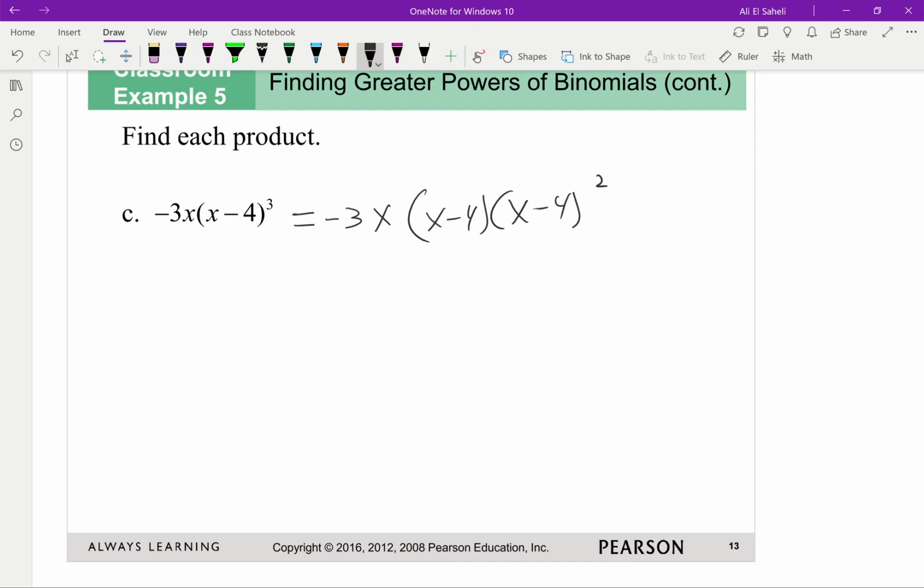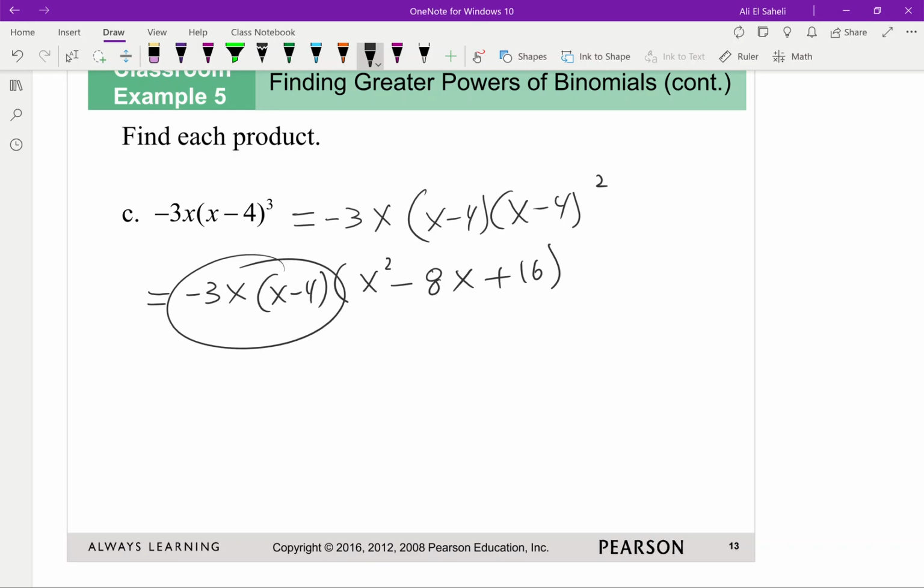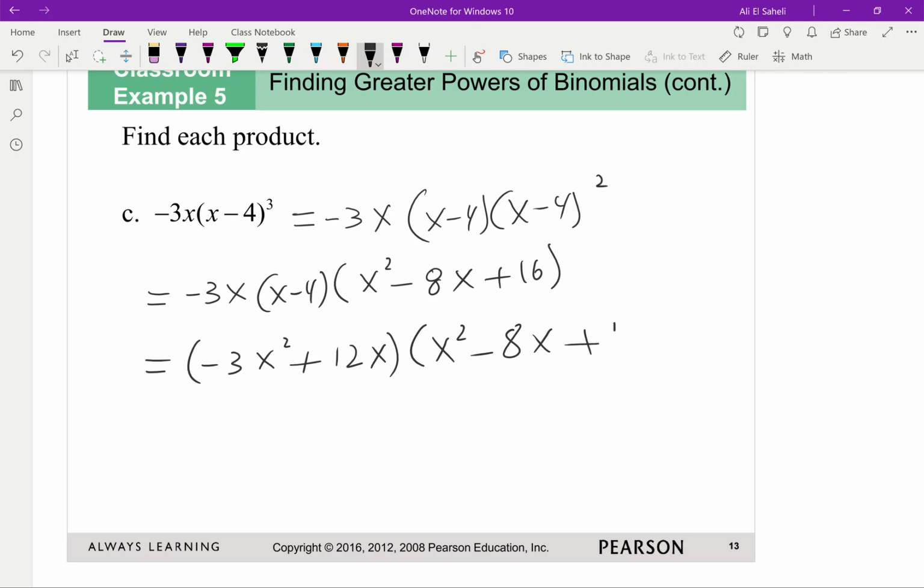So we do the square: equals minus 3x times (x) squared minus 2 times x times 4 plus 4 squared. Now let's do this. So this is minus 3x squared plus 12x, times x squared minus 8x plus 16.